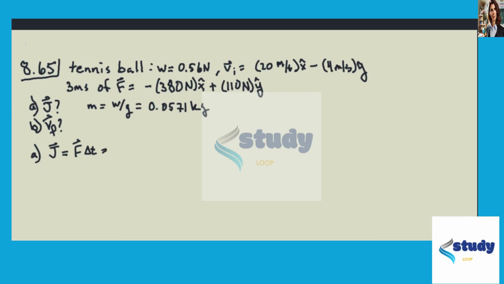So we take our force here, multiply it by 3 times 10 to the negative third seconds, and we end up with negative 1.14 Newton seconds in the x direction, and 0.330 Newton seconds in the y direction.